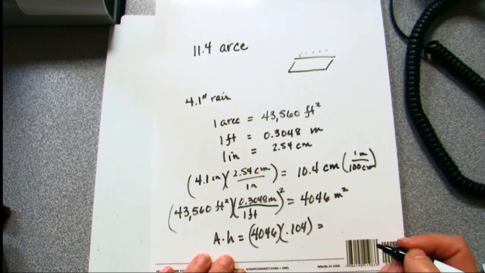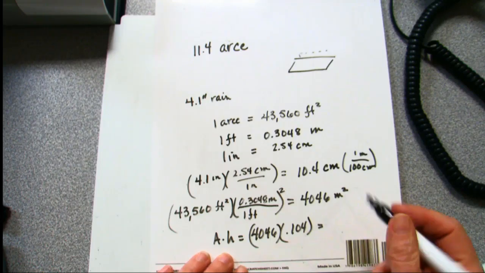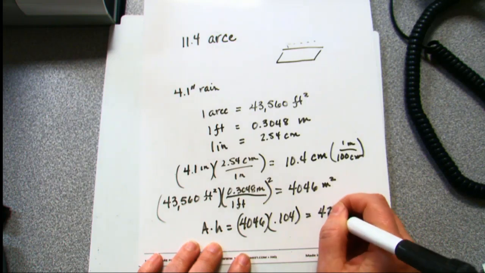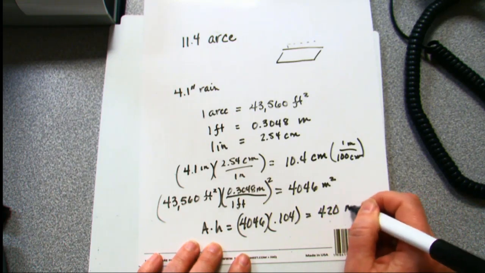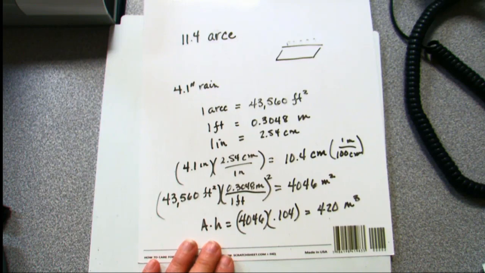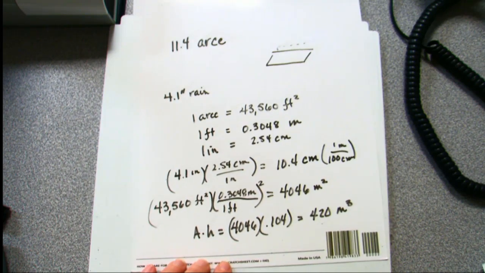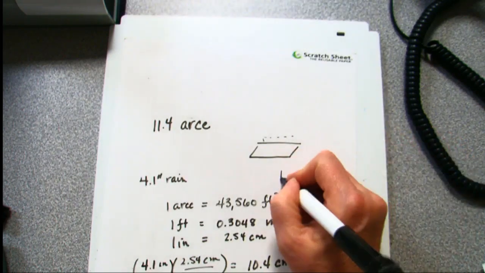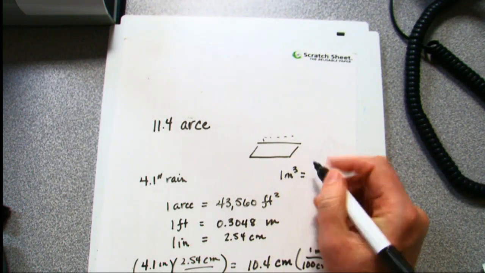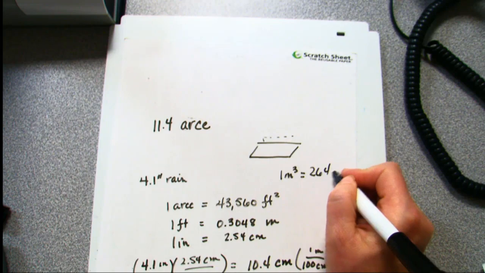That gives me about 420 meters cubed. It's 420 meters cubed of water. And it turns out 1 meter cubed of water is 264 gallons.